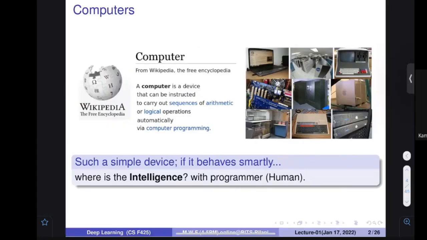Definitely it has come because we have programmed it in such a way. So is the intelligence inside the computer, or is it because of the programmer? You will be saying, sir, this is coming because of the human, the programmer, who has done this.